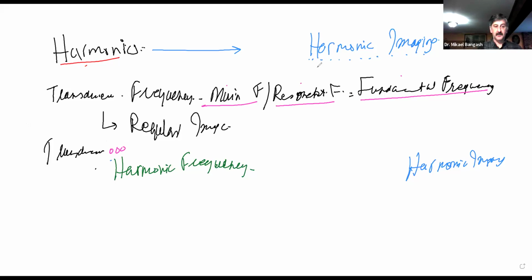But what this frequency is going to do is undergo some changes, and actually this will become a harmonic frequency. And as a result of that harmonic frequency, the kind of imaging that we will get is going to be harmonic imaging or harmonic images. Did that make sense?